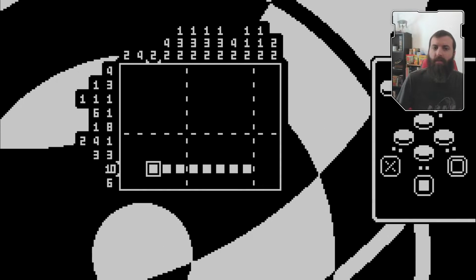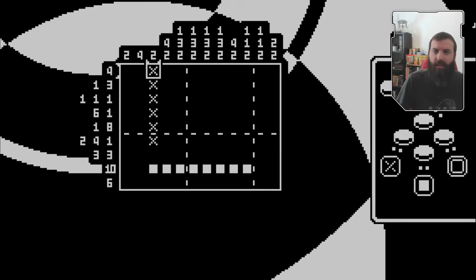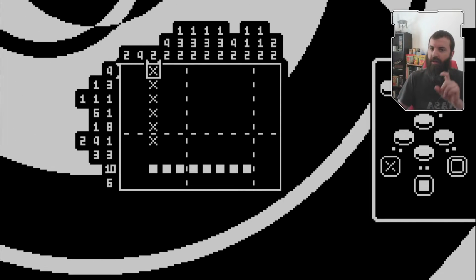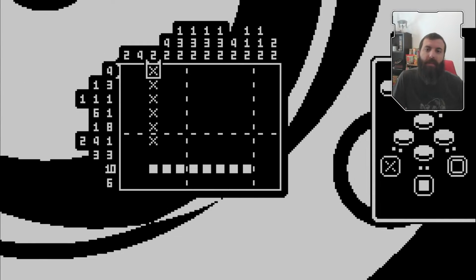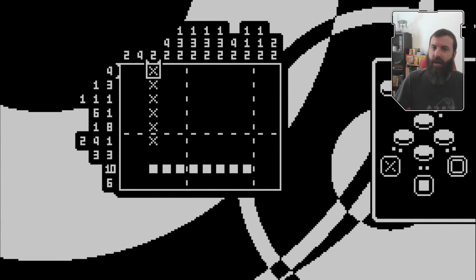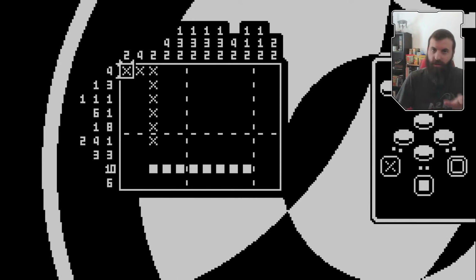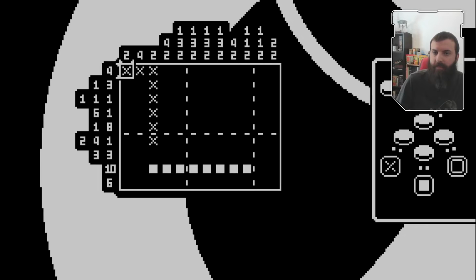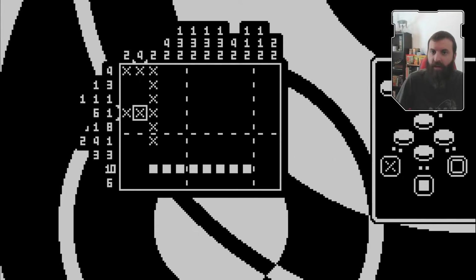And then from that, we can extrapolate, okay, well, none of these can be filled in because the 2 could only reach 1 pixel above or below that line. Similarly, the 4 couldn't fit in here. So horizontal 4, no dice. And a horizontal 6 couldn't fit in here either.